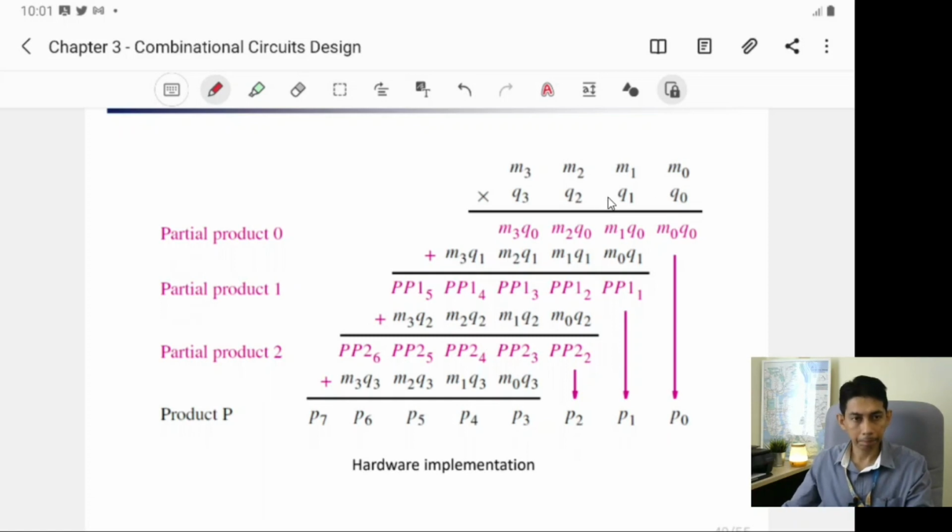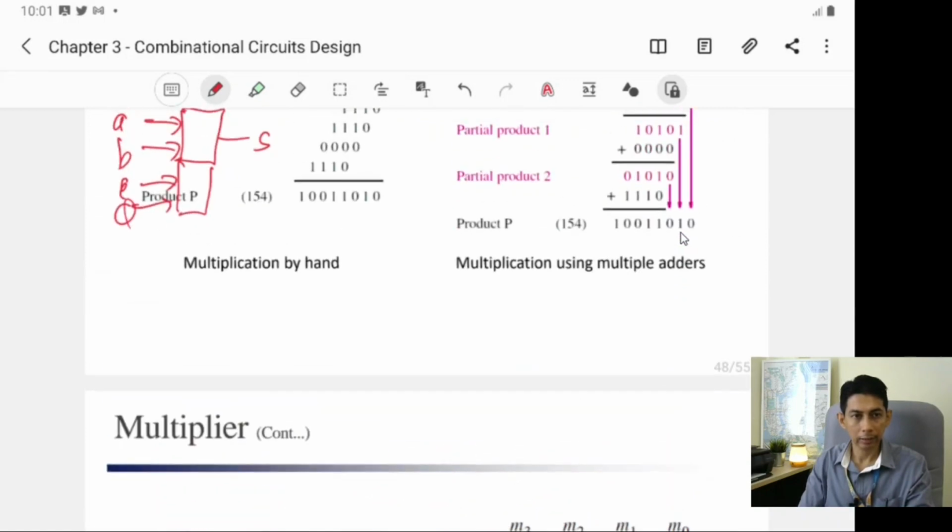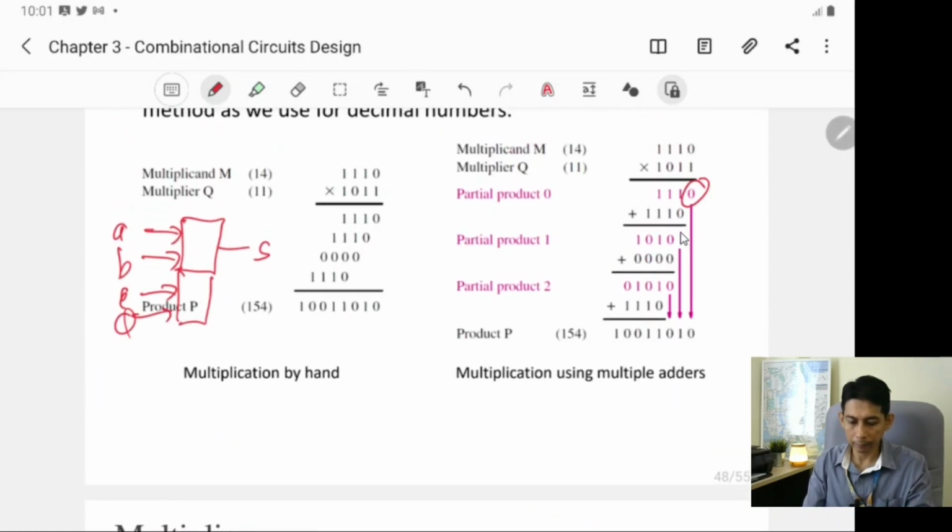All right, M0 bit, the first bit. Second bit M1, M2, M3, and the multiplicand Q0, Q1, Q2, Q3. And to get this, we AND this one, M0, with this one.